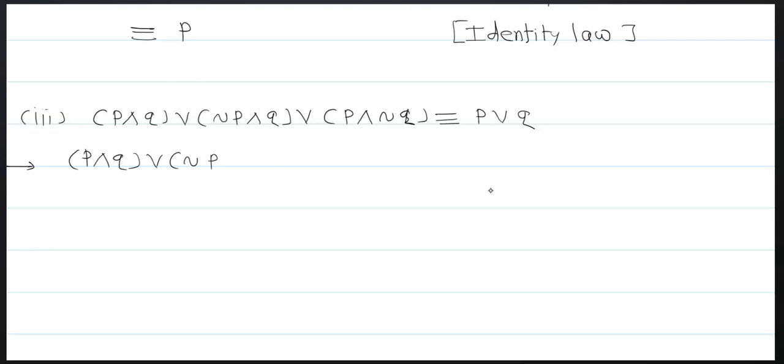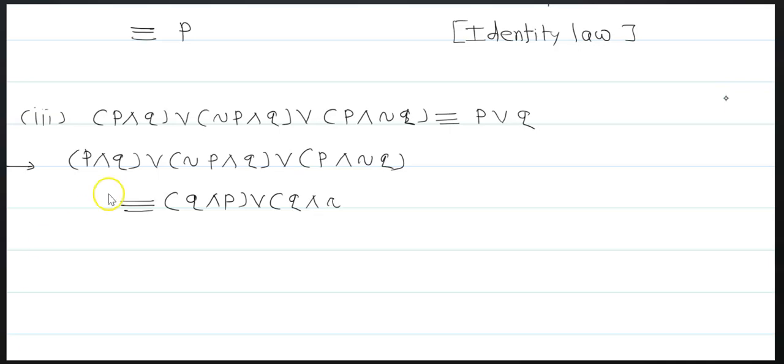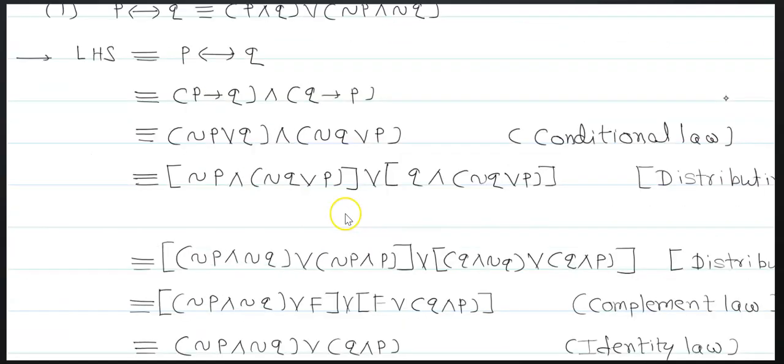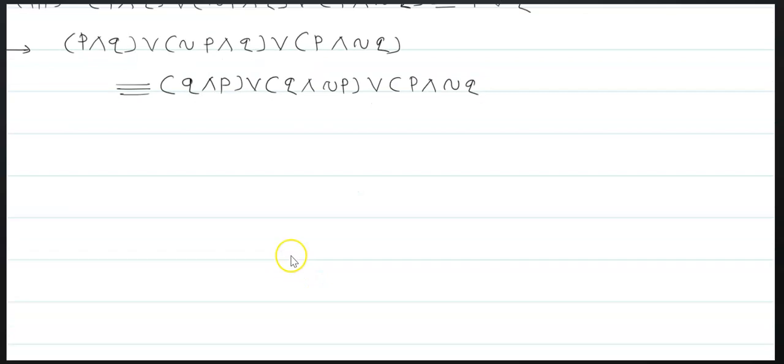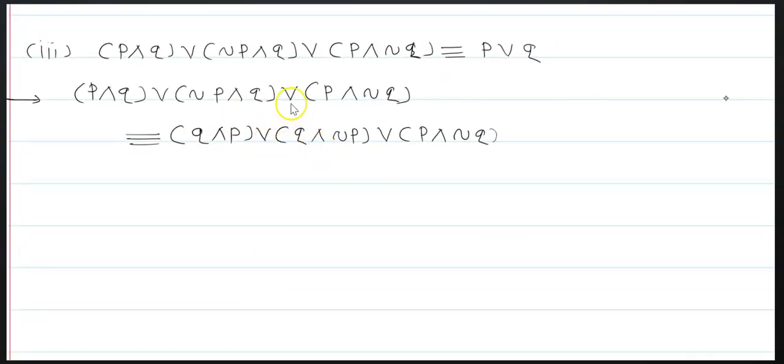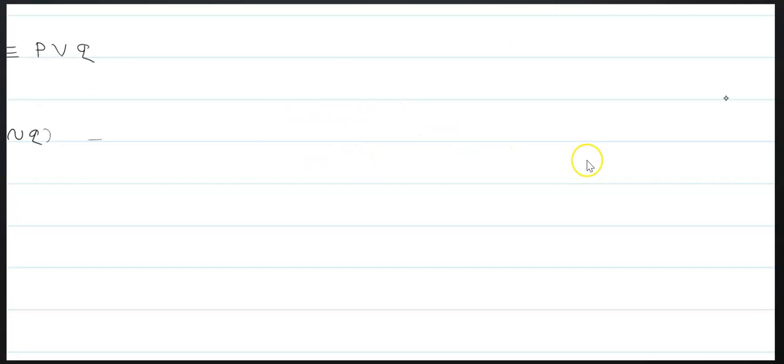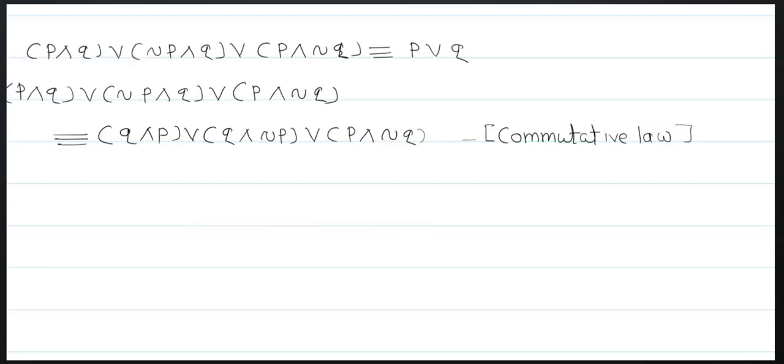LHS: P and Q or negation of P and Q, or P and negation Q. That is equivalent to first is Q and P. Now by using the commutative law, and again here Q and negation of P. This is the commutative law, or P and negation Q. See this here.